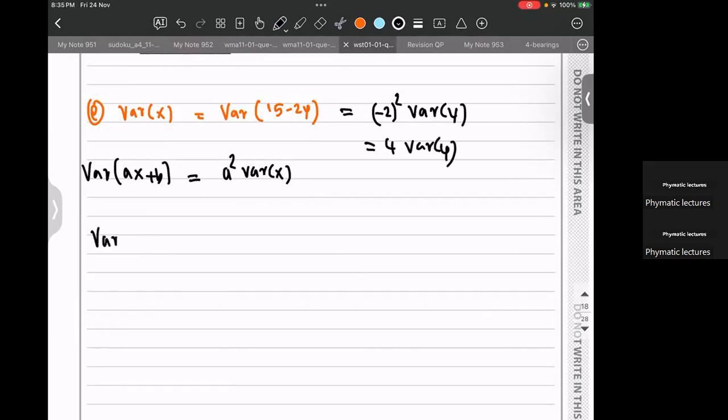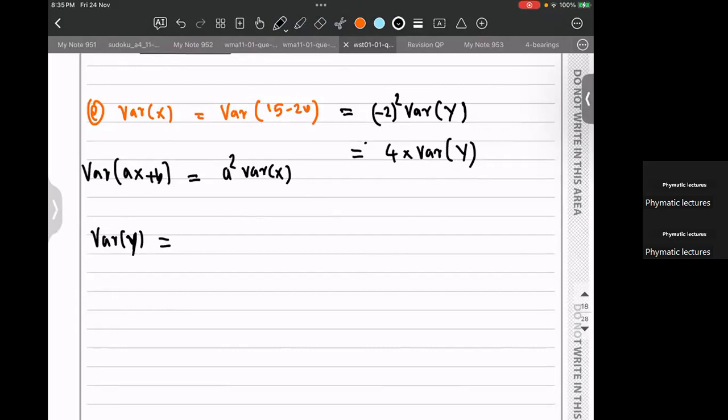You can find the variance of y directly from the distribution. Do not get confused, this variable is capital Y. Minus 2 whole square is 4, so it is 4 times variance of y. How will you find the variance of y?